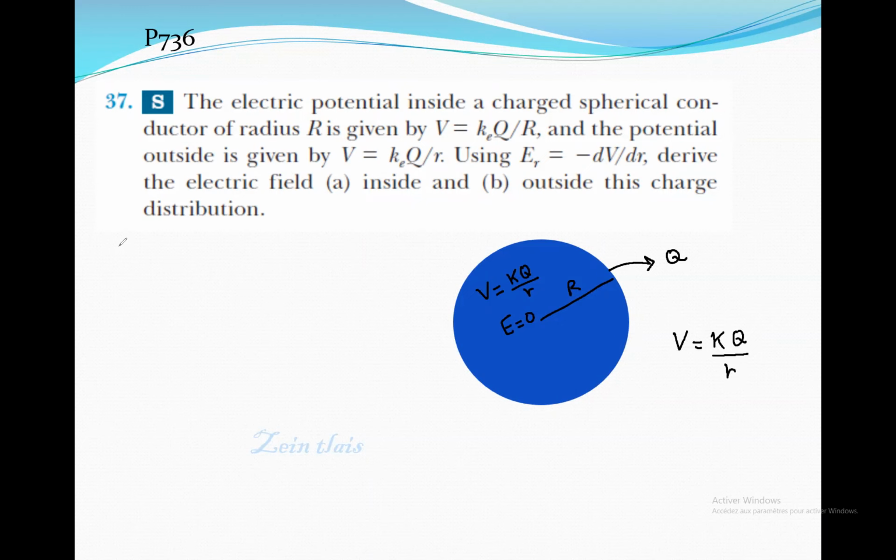So if r is less than capital R, we have V equals KQ divided by capital R. And if r is greater than capital R, you get V equals KQ divided by r at this point.